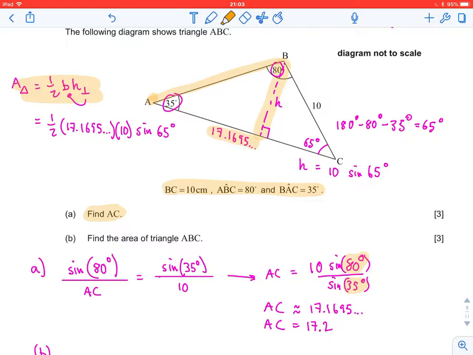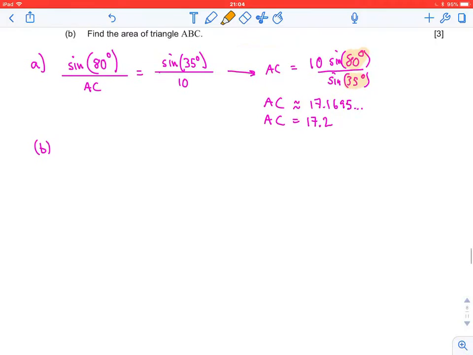Now, we actually discussed when we learned this that this method of finding the height is kind of an extra step that we don't need.